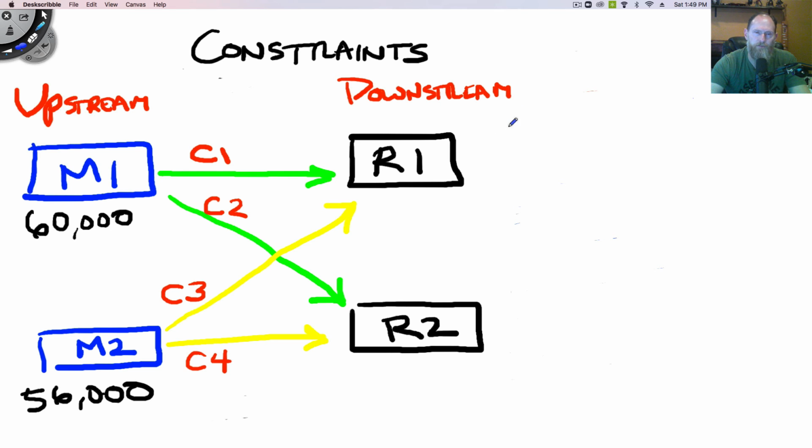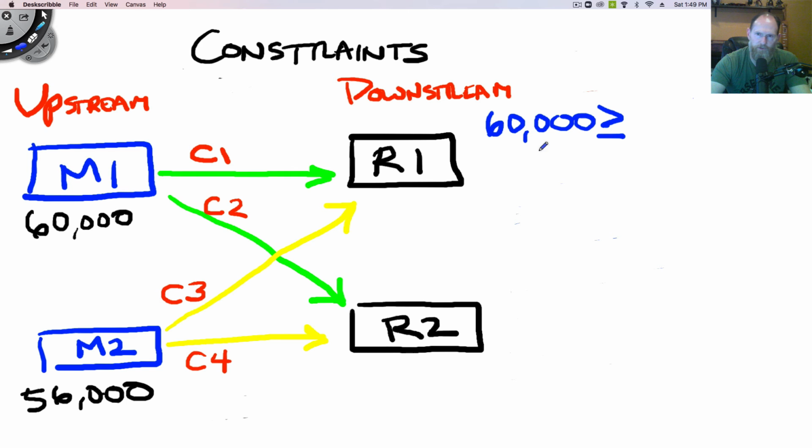So our first supply constraint is that capacity, we'll start with M1, has to be equal to or greater than the amount that we ship out of manufacturer 1.